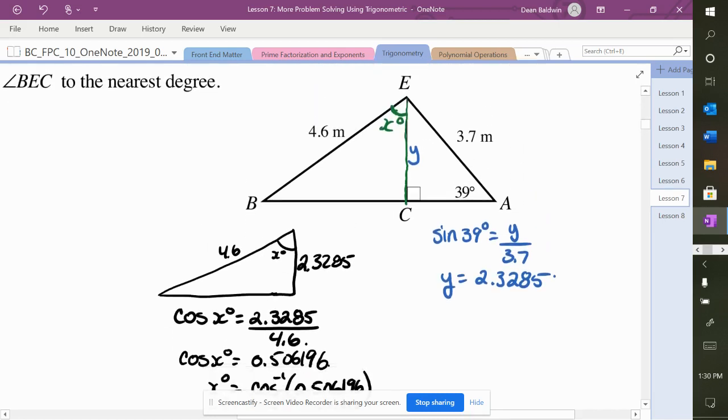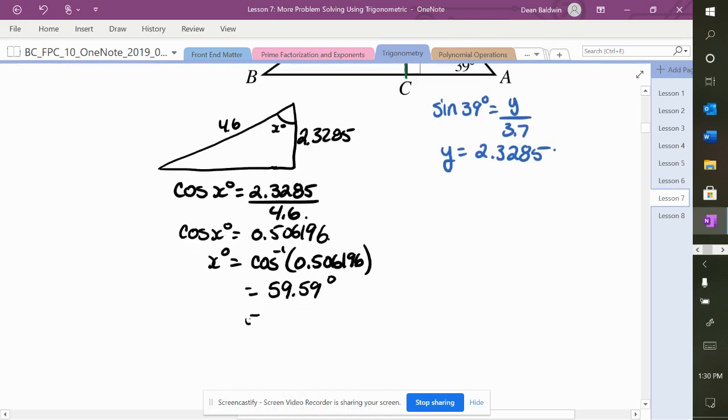Is it nearest degree? Yeah. I'm going to round that to the nearest degree. It's going to be 60. Is that okay?